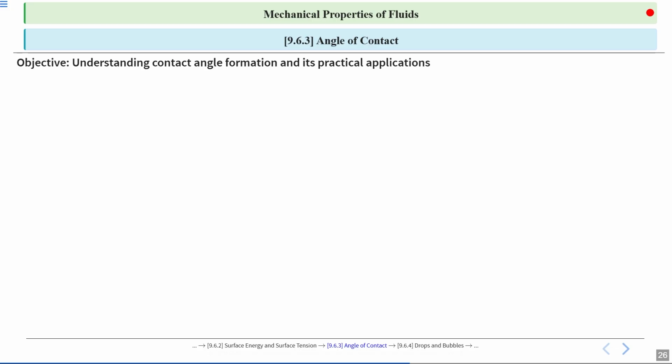9.6.3 Angle of contact. First, let's look at the definition. The contact angle is a specific angle formed at the point where the liquid surface meets a solid surface. It's important to know exactly what this angle represents before we discuss its effect.